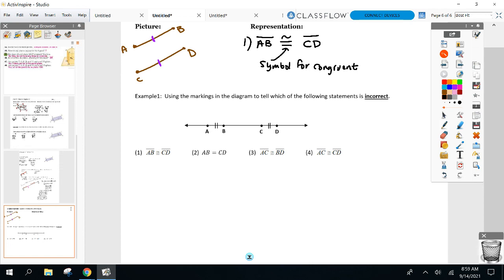What do I need to add on to CD to get to DB? BC, right? You're adding the same thing to both. Does everyone see that? If these are already equal and you're adding the same thing to them, shouldn't the results also be equal? So which one's incorrect? AC is not congruent to CD. They are not the same lengths.